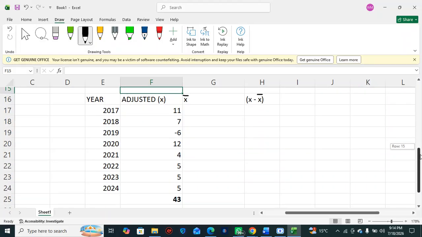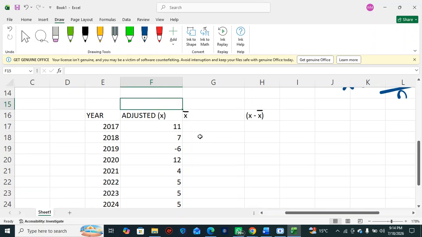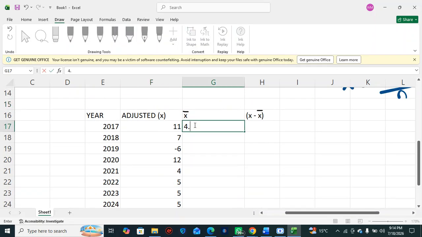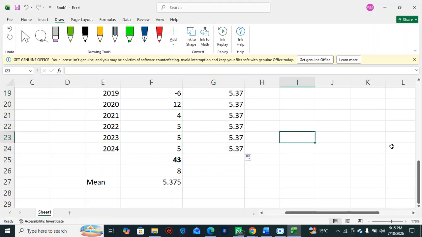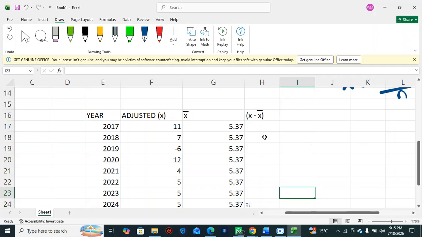X bar, the mean, is 5.37. So we're going to subtract the mean from each return x, where x represents the return, to get our deviations. Okay, colleagues, these are the deviations.